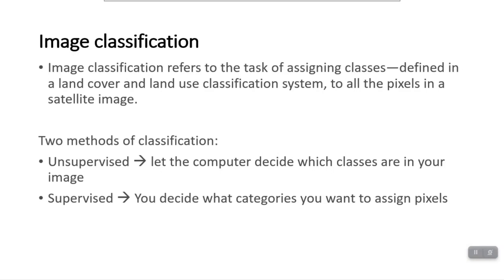Unsupervised classification is the most basic type of classification. You just need to specify the number of clusters or classes that you want, and then the computer will automatically group pixels into classes with similar spectral characters. In this technique, training samples are not required, but after classification, the user may need to group pixels with common characteristics.